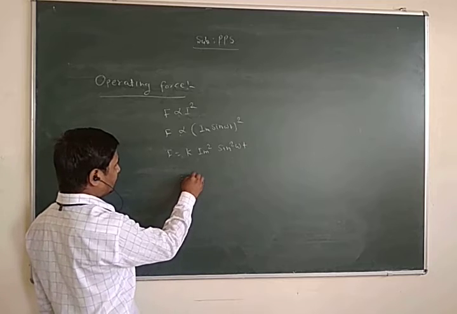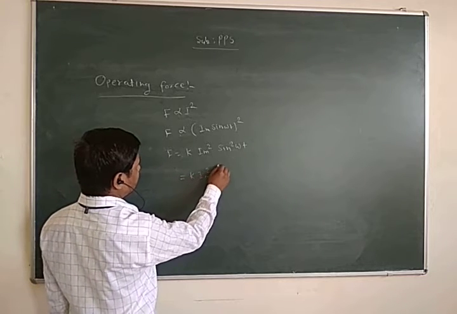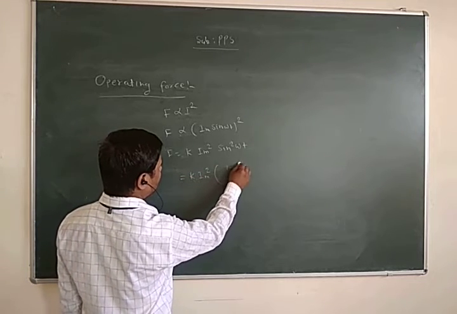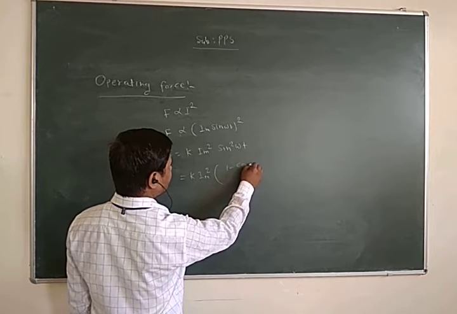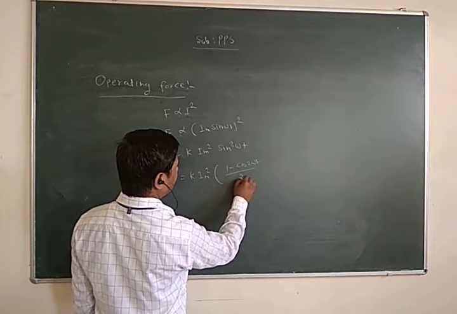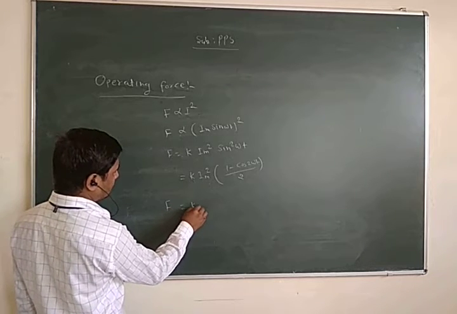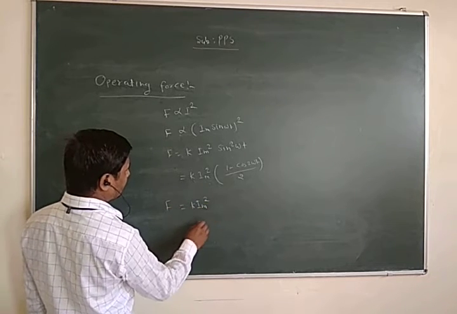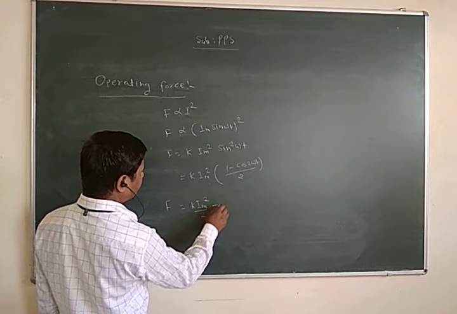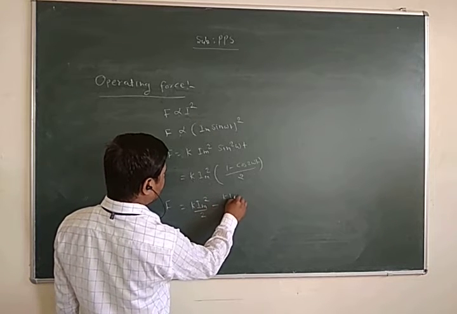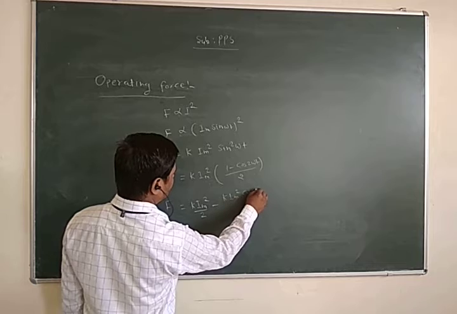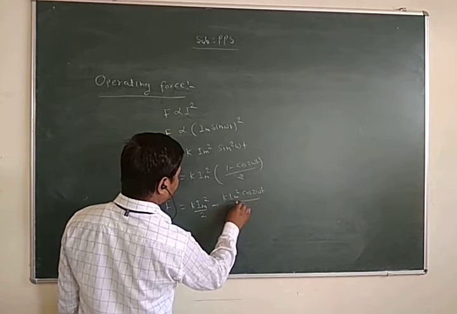Since we know that sin square omega t is equal to (1 minus cos 2 omega t) upon 2, F is equal to K Im square by 2 minus K Im square cos 2 omega t divided by 2.